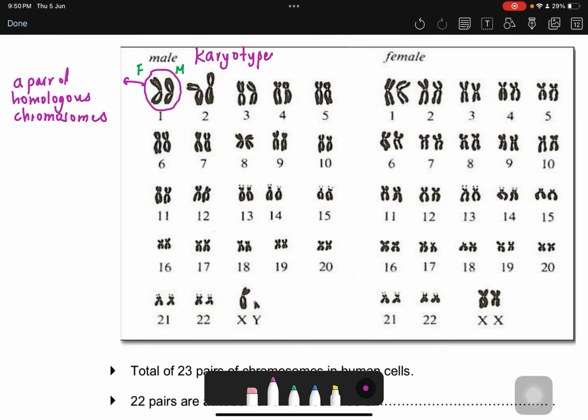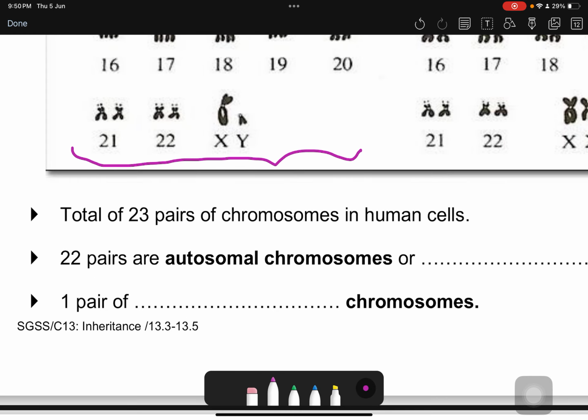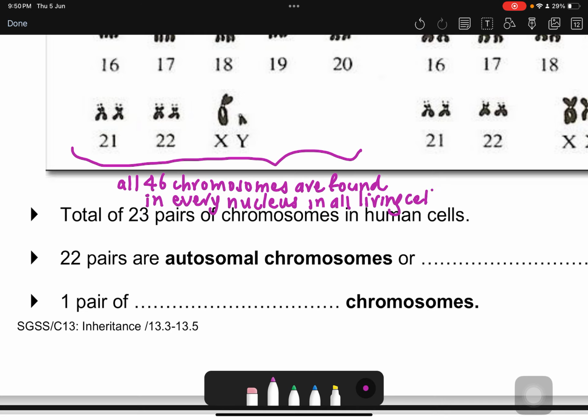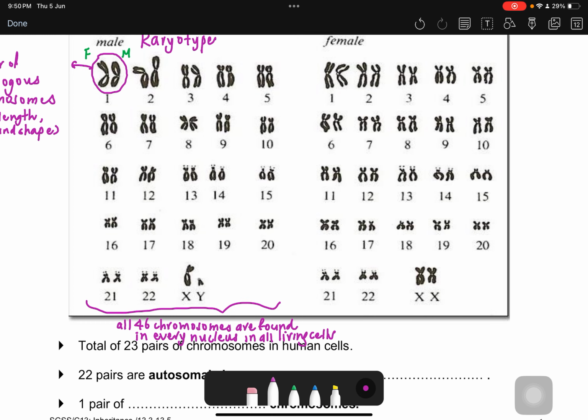So this entire set of chromosomes is found in every single nucleus in all living cells in us. Using the karyotypes, you can see that what differentiates these two individuals on the left and right is simply the pair of sex chromosomes that they have.